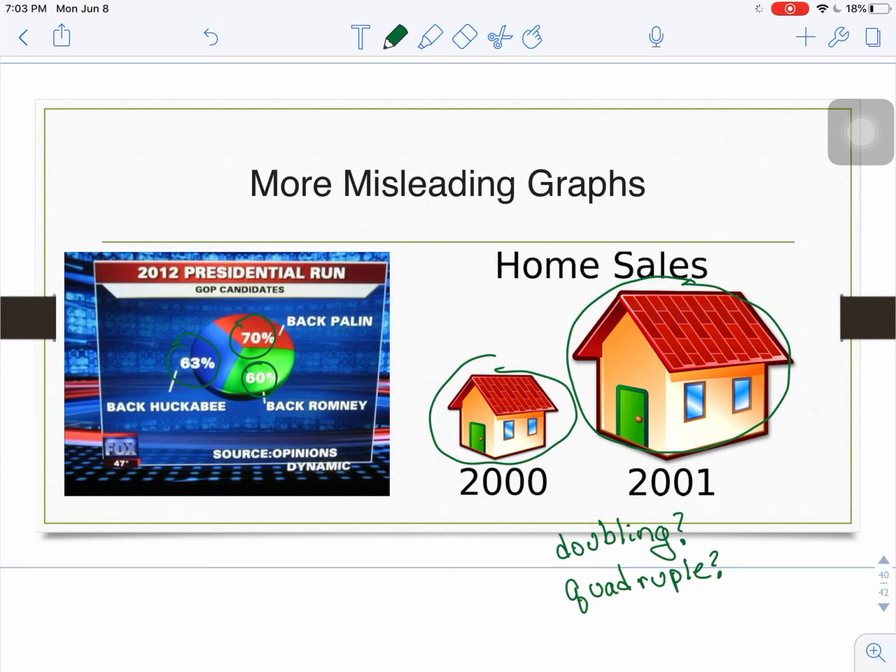So did it really quadruple? Using representation with pictures, as far as the scaling's concerned, you really want to avoid that. Notice how there's no value. It just tells us it's homes in 2000 versus homes in 2001, so we don't know how that actually changed.